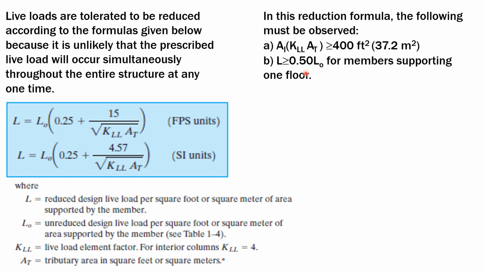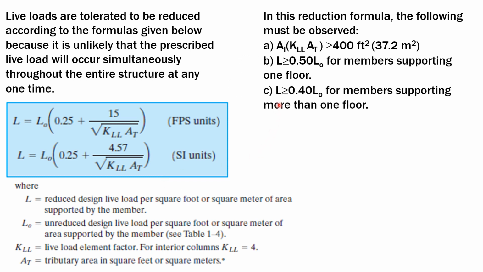Then for members supporting only one floor, the reduced live load should be greater than or equal to 0.5 of the unreduced design live load per square foot from table 1-4. For members supporting more than one floor, it should be greater than or equal to 0.4 of LO. Now for the case where B is not satisfied, use 0.5 of LO.